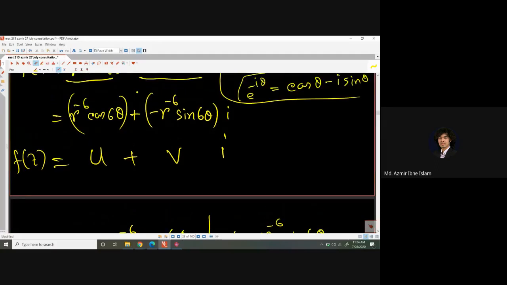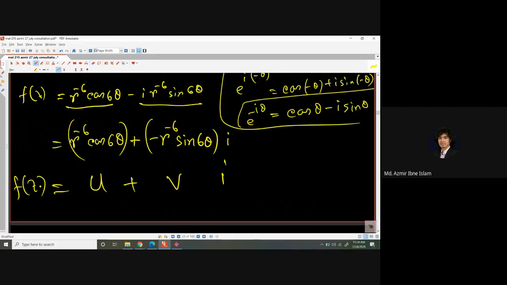Why have we used plus? Because we always have the x plus yi form, real plus imaginary i. So real plus imaginary i. That means this is u and this is v.